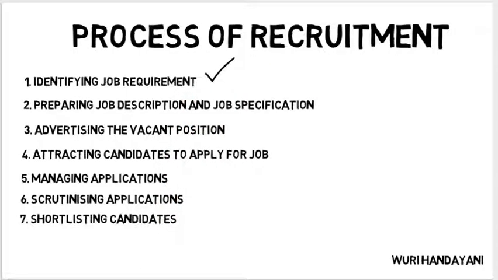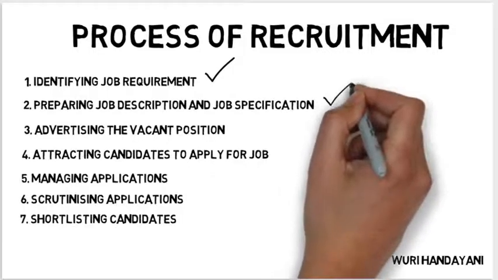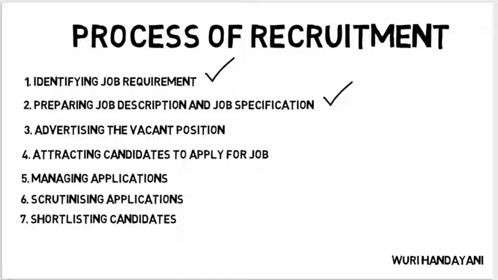First step, identifying job requirement. The recruiter first recognizes the job opening regarding the department in which the vacancy is, the number of vacancies, and the urgency of hiring. Second step, preparing job description and job specification.